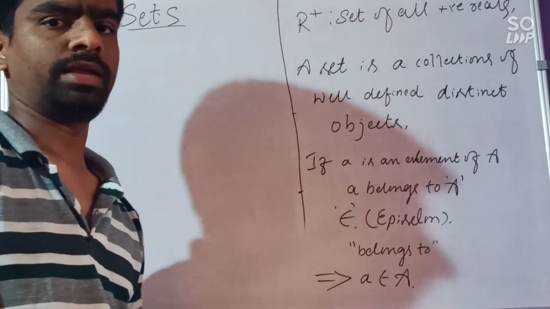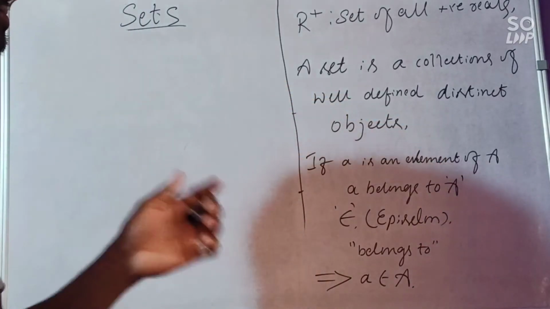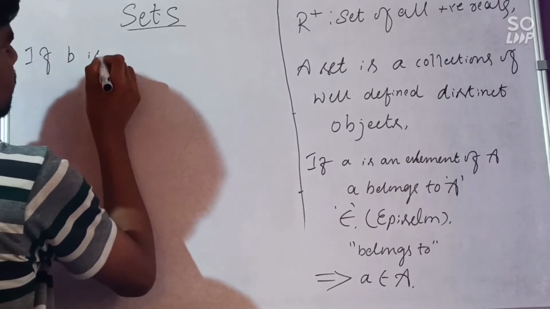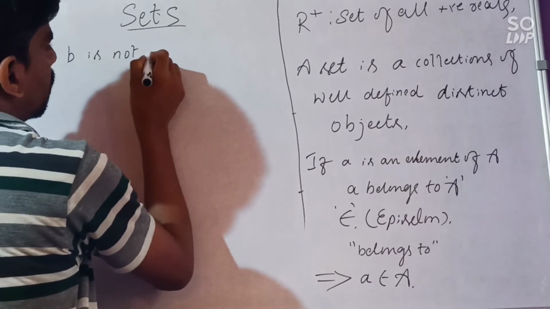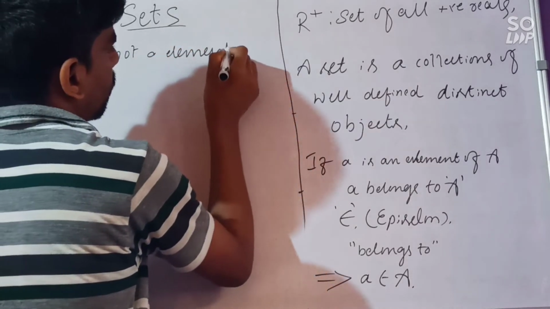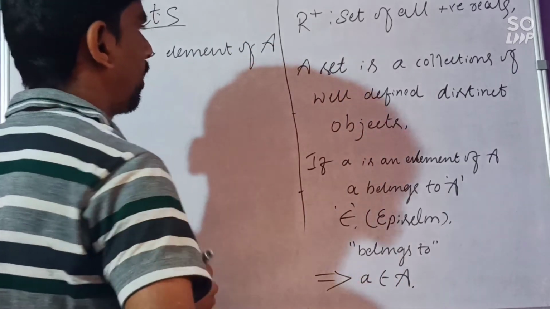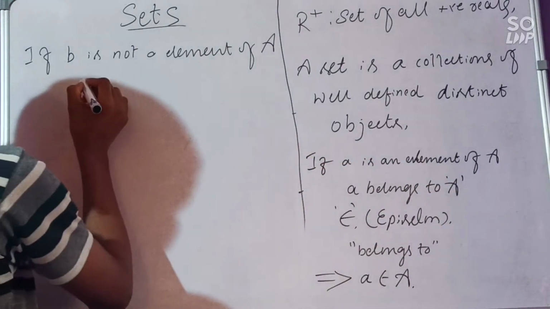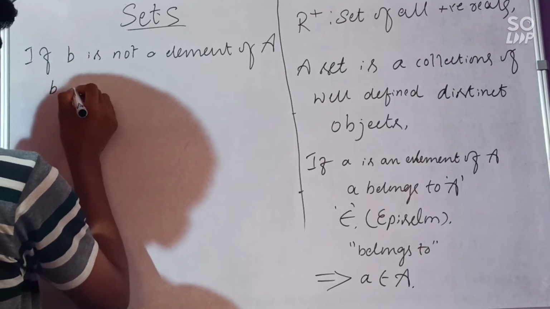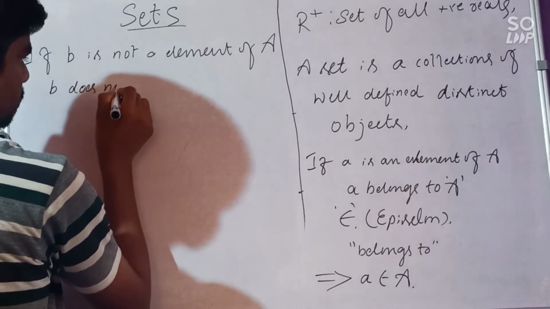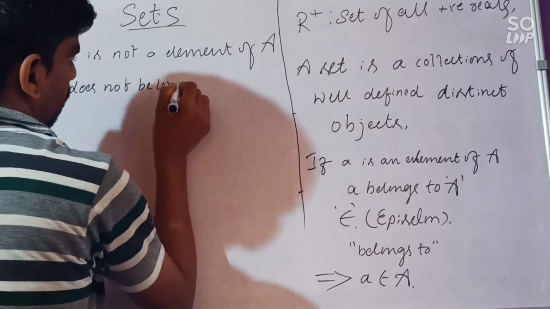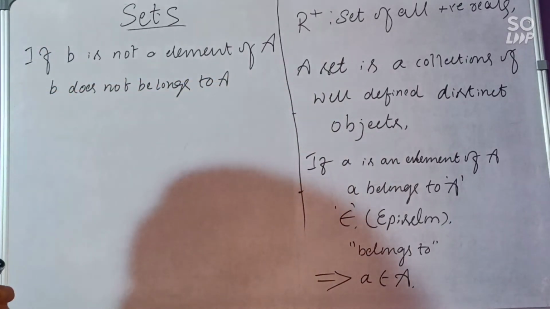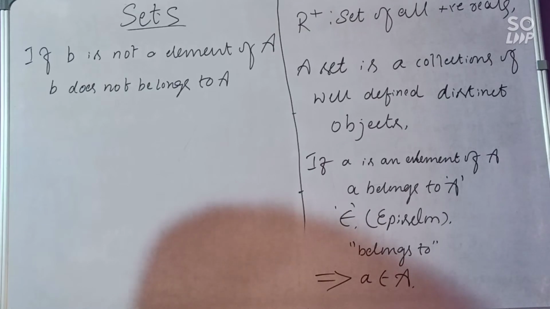Next, if b is not an element of set A, then we write b does not belong to A. Then we use the symbol.